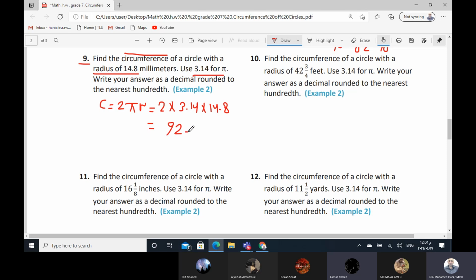Great, thank you. 92.944 millimeter squared.